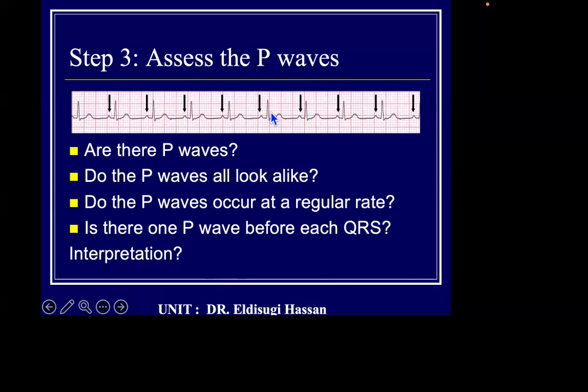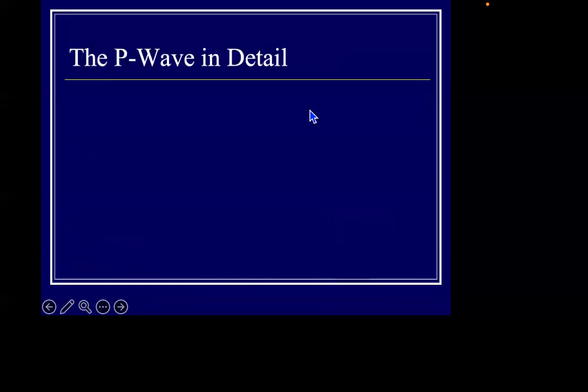They should be equal. If you have 10 P waves in the rhythm strip, you should have 10 QRS complexes. And every normal P wave should be followed by a normal QRS complex. And this is a normal sinus rhythm. So this patient has a normal sinus rhythm.